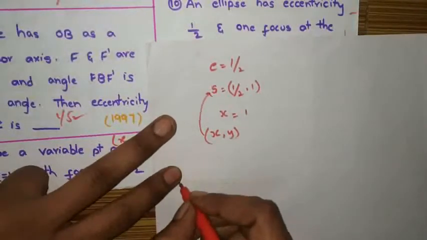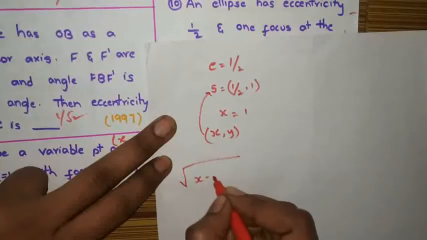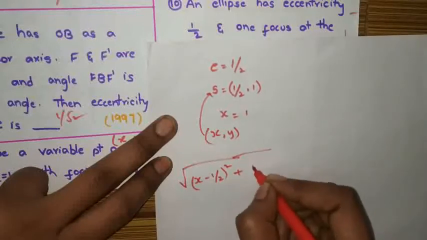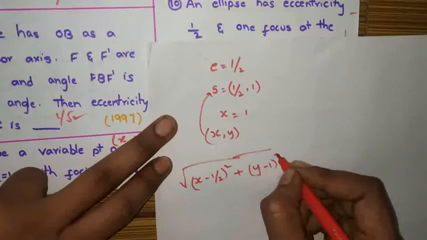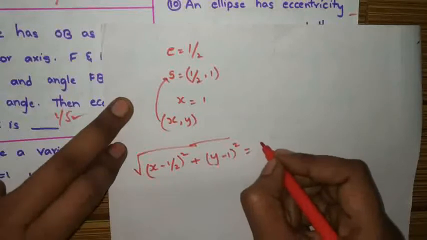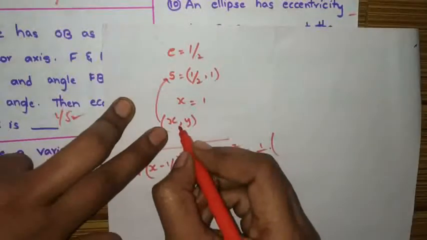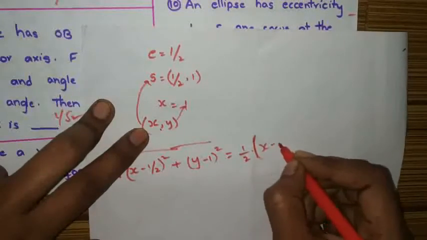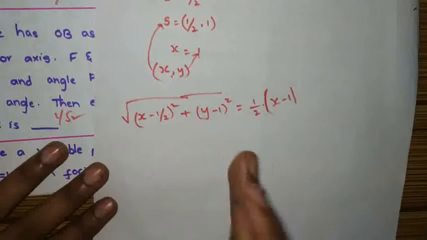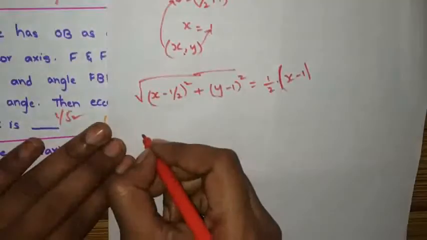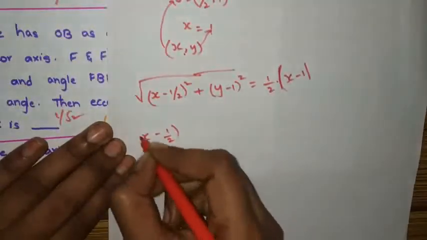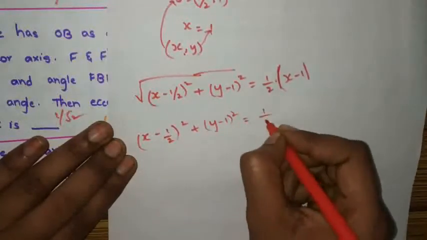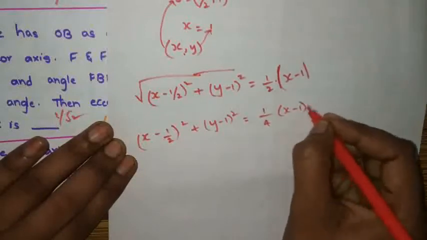It will be the square root of x minus 1 by 2 whole square plus y minus 1 whole square is equal to the eccentricity 1 by 2 into the perpendicular distance from this point to the directrix, which will be modulus of x minus 1. Okay. Now square on both sides. You will get x minus 1 by 2 whole square plus y minus 1 whole square is equal to 1 by 4 into x minus 1 whole square.